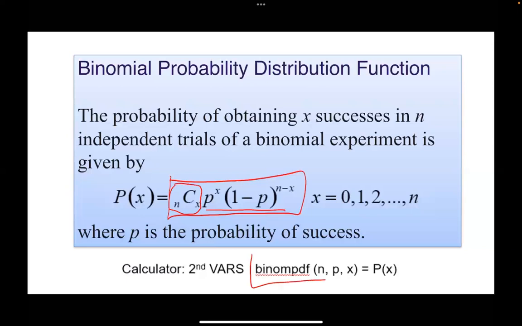Instead, we're going to use this right here. On your calculator, you would hit second, then the VARS button, and then binomPDF.